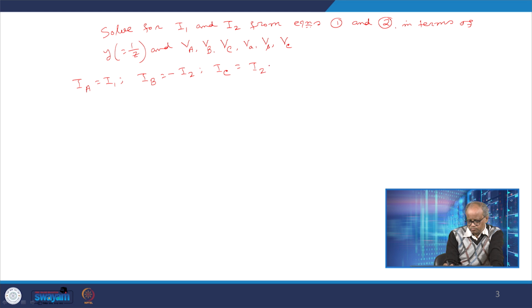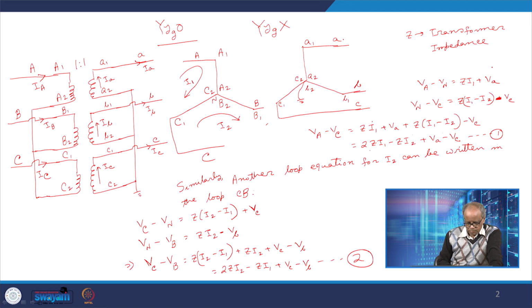And of course, because it is 1:1, I small a is equal to I capital A, I small b is equal to I capital B, and I small c is equal to I capital C.